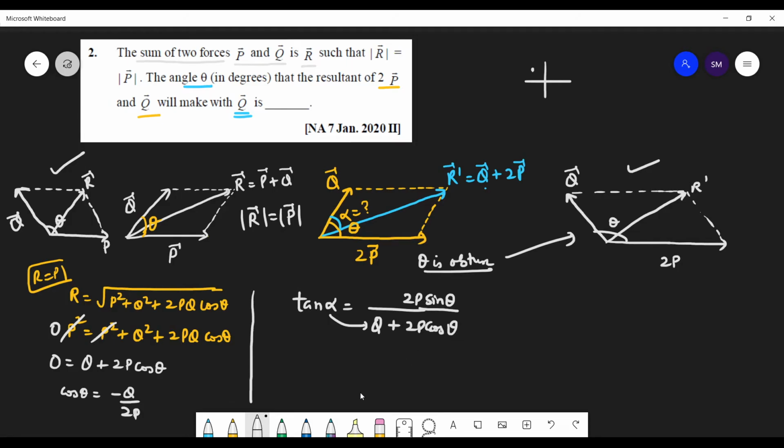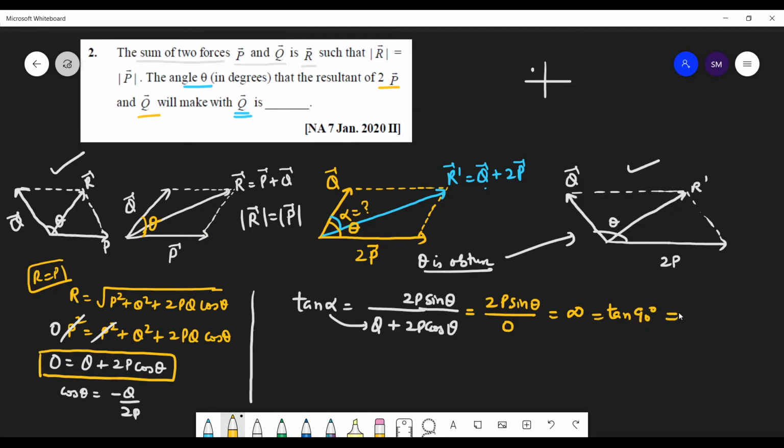Okay, students, got the concept? Now see here, Q plus 2P cos theta is equal to 0. So this will be equal to 2P sine theta upon 0. Upon 0 means it is not defined, right? So that's infinity, not defined. So when is the value of tan alpha equal to infinity? Infinity means tan of which value, students? 90. Yes, this is 90 degrees.